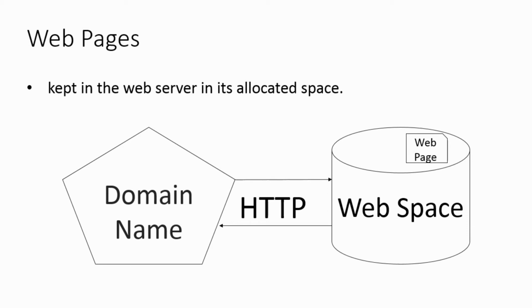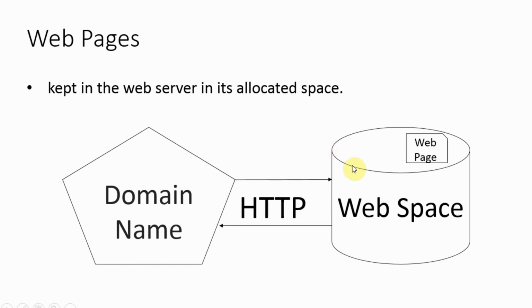The domain name that we provide in the URL of any browser will access its page from the web space through the HTTP protocol, and these web pages are kept in the web server in its allocated space.